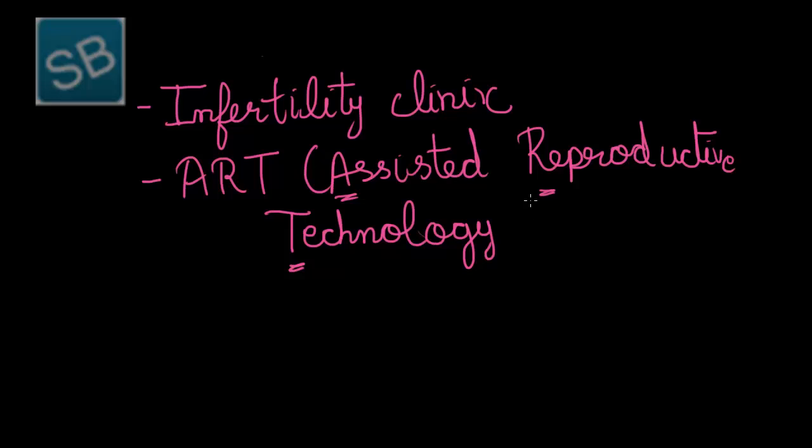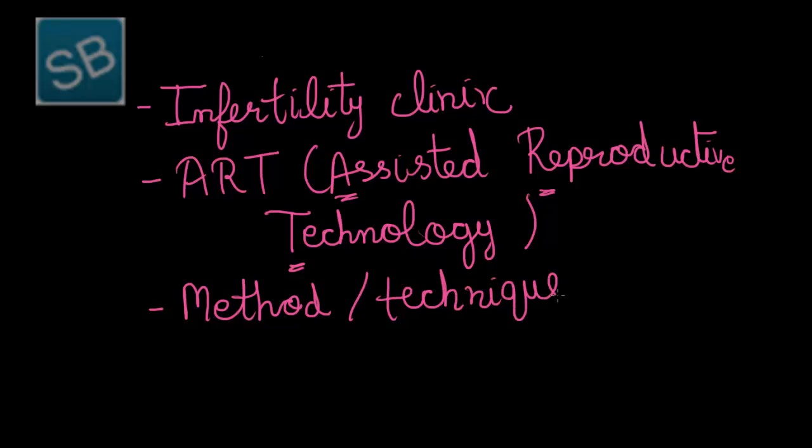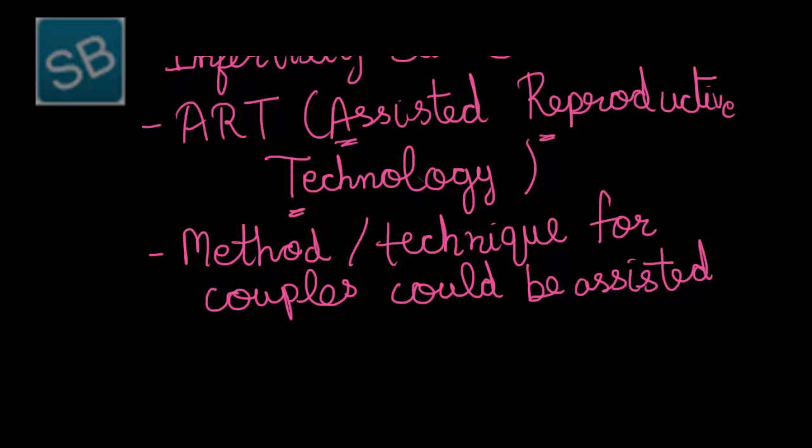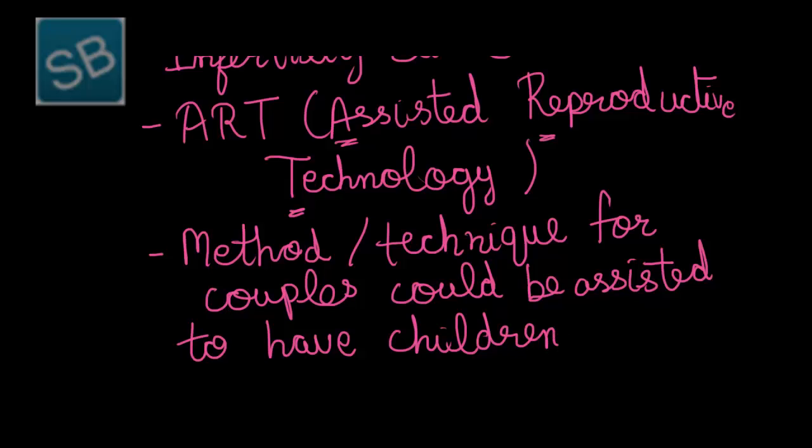Thus, ART or assisted reproductive technology can be considered as a method or a technique that is used by infertility clinics for the couples that could be assisted to have children by curing their infertility.